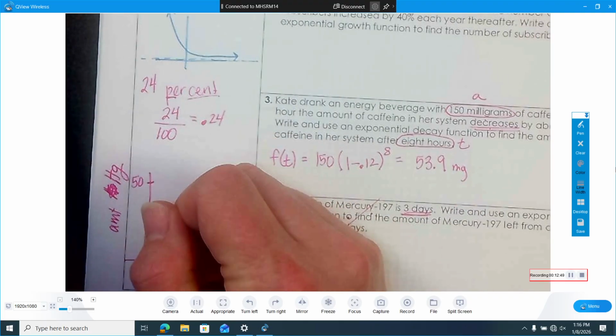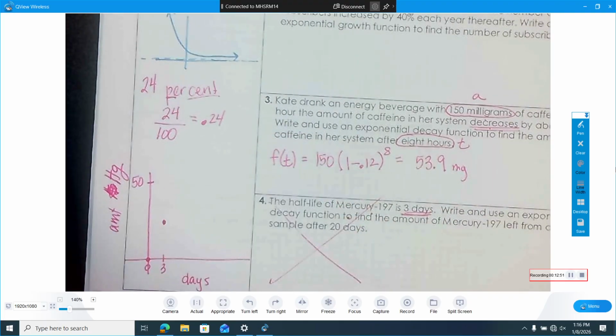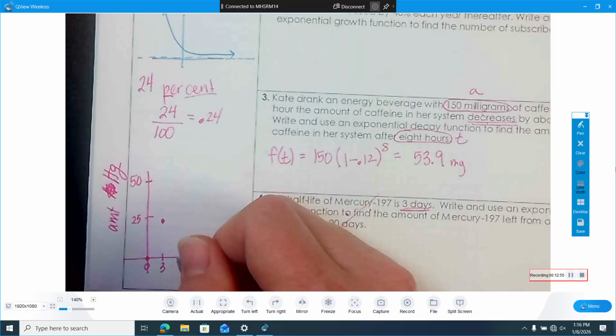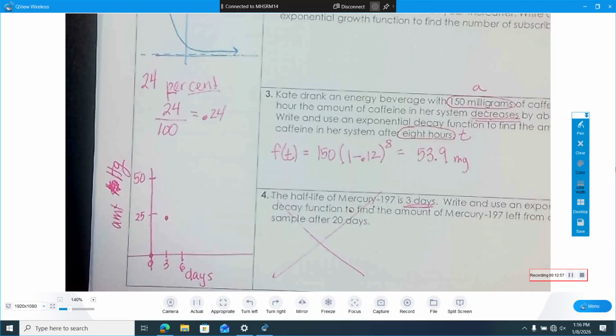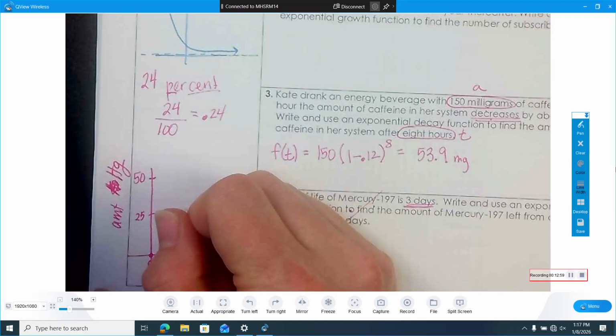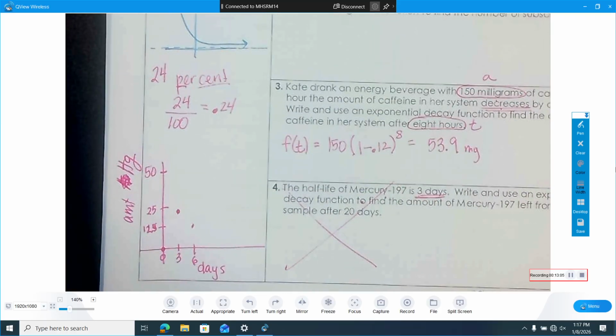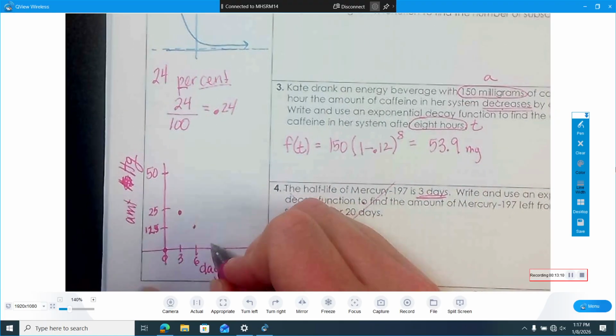So on day 3, what's the amount of mercury we have? 25. And on day 6? 12.5. So every 3 days, the amount of mercury is cut in half. That's exactly what half-life means.